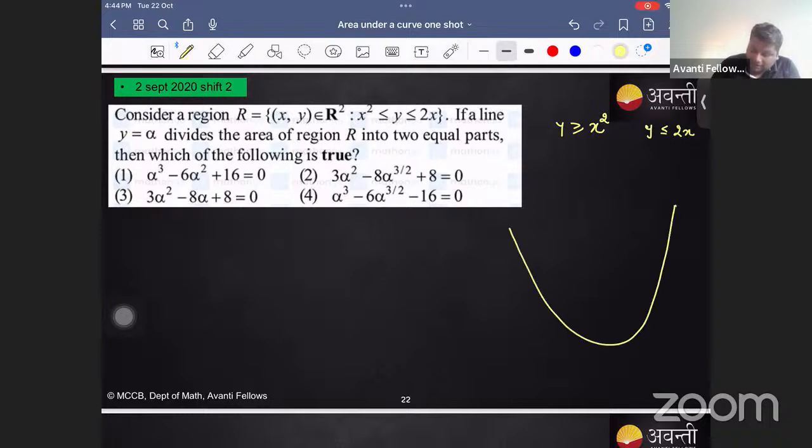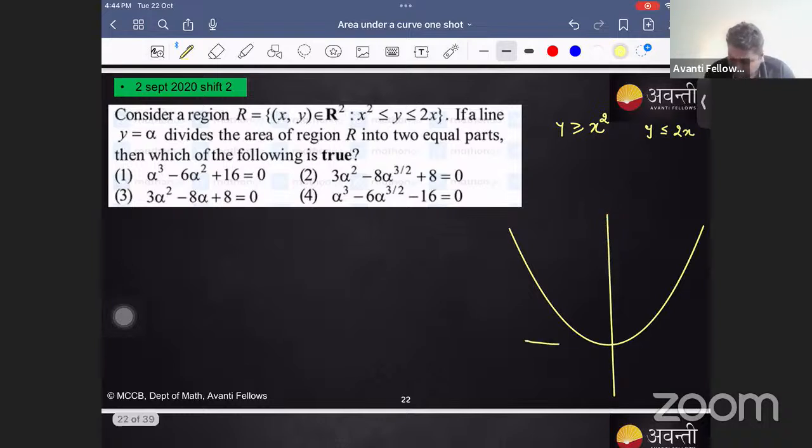Now, see, this is the curve y equals x square, and the line will be something like this. This is the line y equals 2x and this is y equals x square. So this is the area they are talking about, above the parabola, below the line.